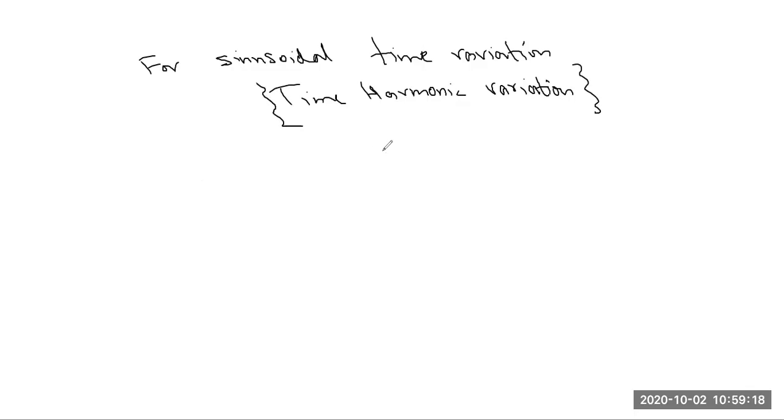Mathematically, sinusoidal time variation is represented by this notation, e raised to power j omega t. In electrical engineering, if anything is changing sinusoidally with time, we represent this variation by e raised to power j omega t.